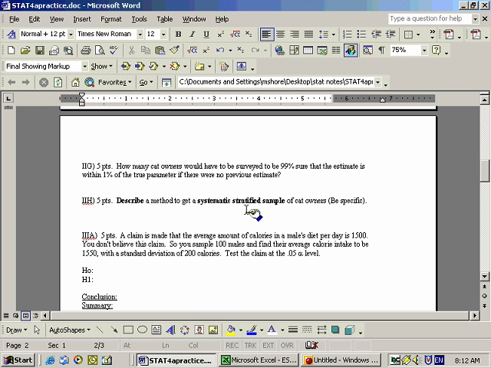And stratified means you might separate your population into non-overlapping groups by perhaps sampling cat owners that are in different locations of a county, or that take their cat to different veterinarians.